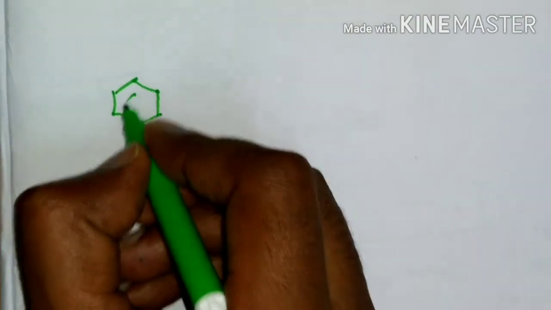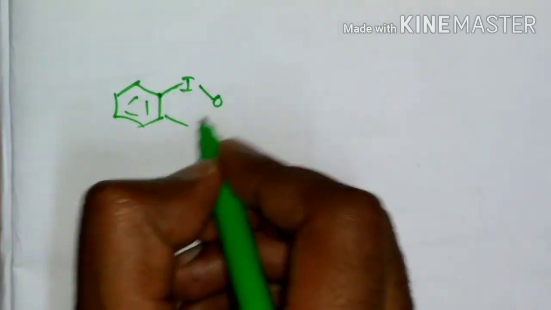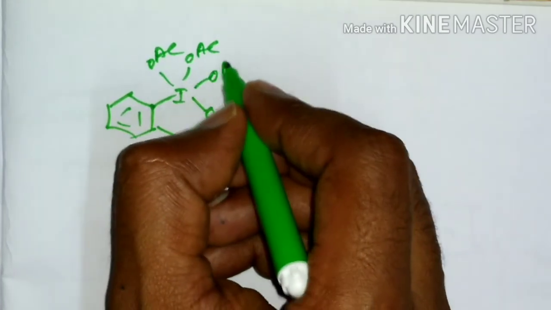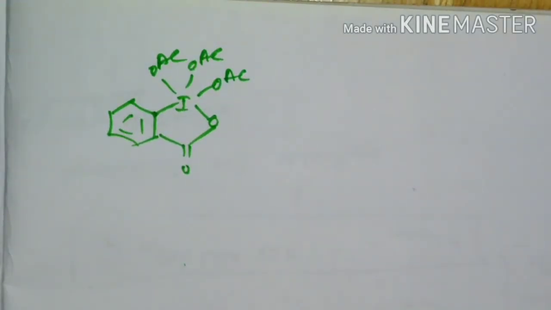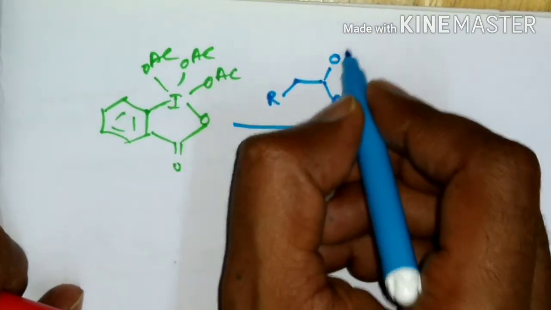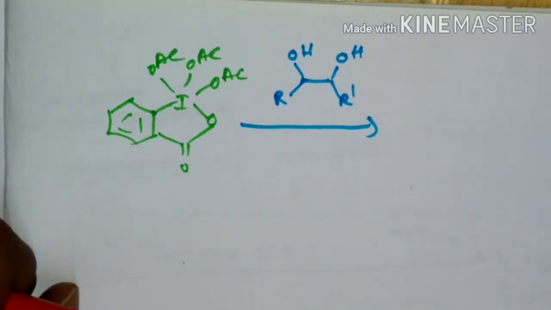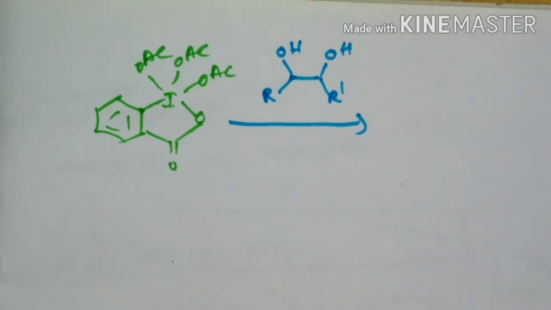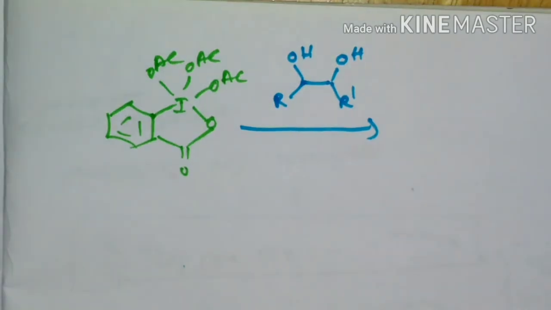One more application is what happens if we treat DMP with 1,2-diols. If DMP is treated with diols, there will be oxidation which leads to an alpha-hydroxy ketone derivative. How does it take place? It is similar.